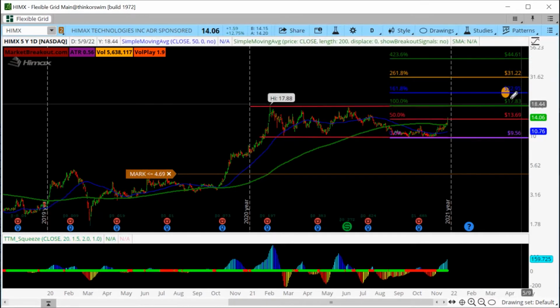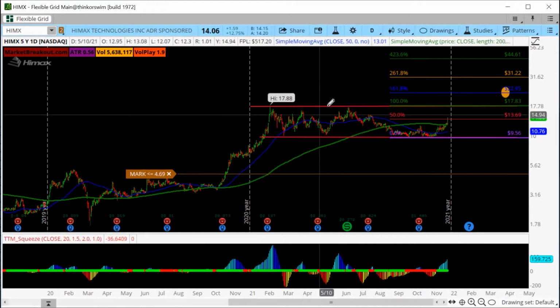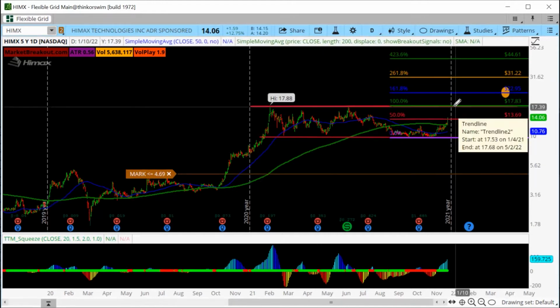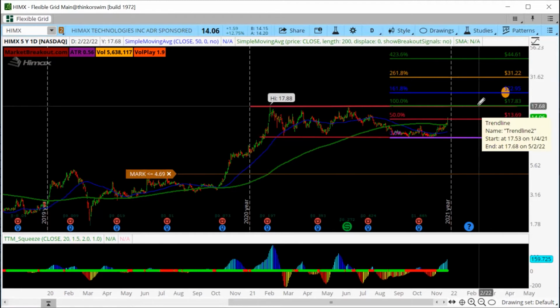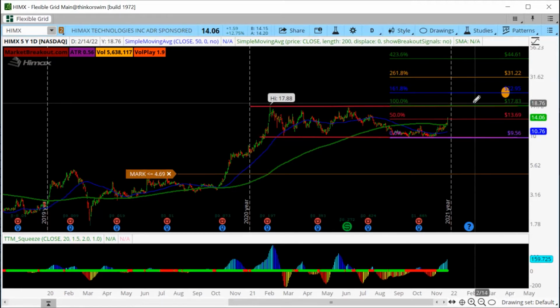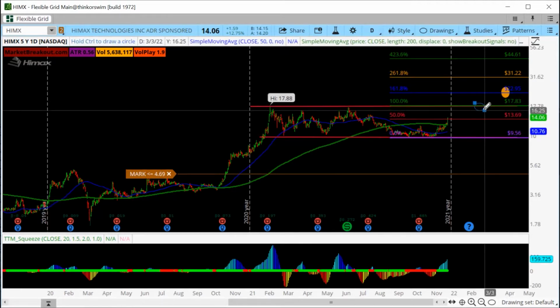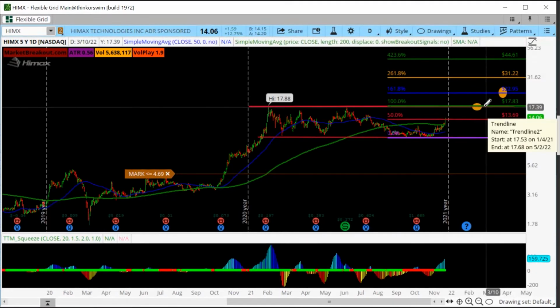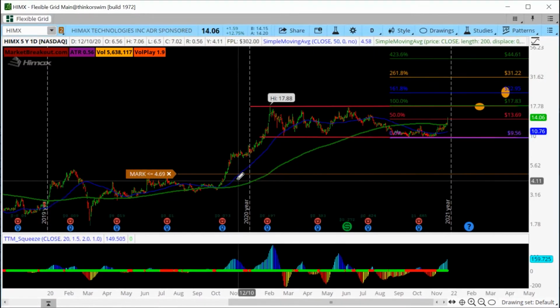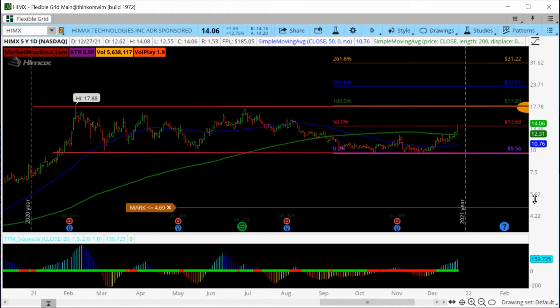We see earnings here. But at least the stock is supposed to touch this level 100. This is 70.39.